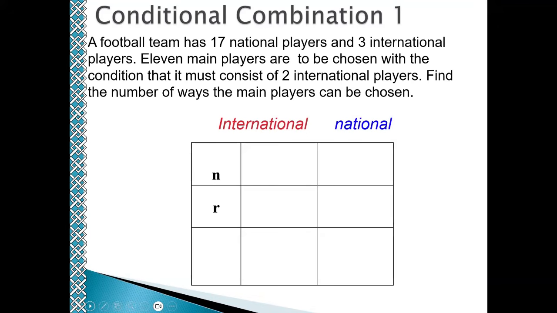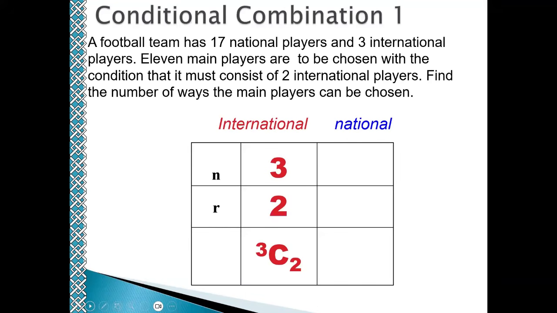When it comes to international, how many players are available for you to choose? Three of them. 3 international players are there. How many do you have to select from them? 2 you have to select. From 3, you have to select 2. What is that? 3C2.